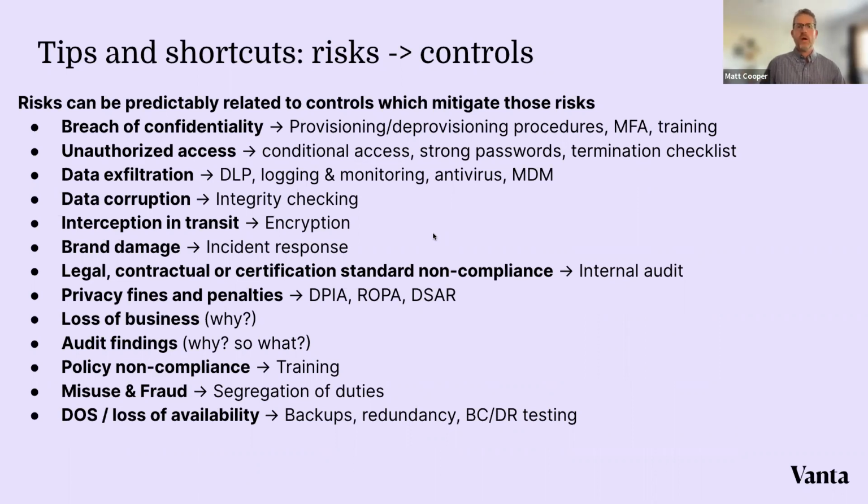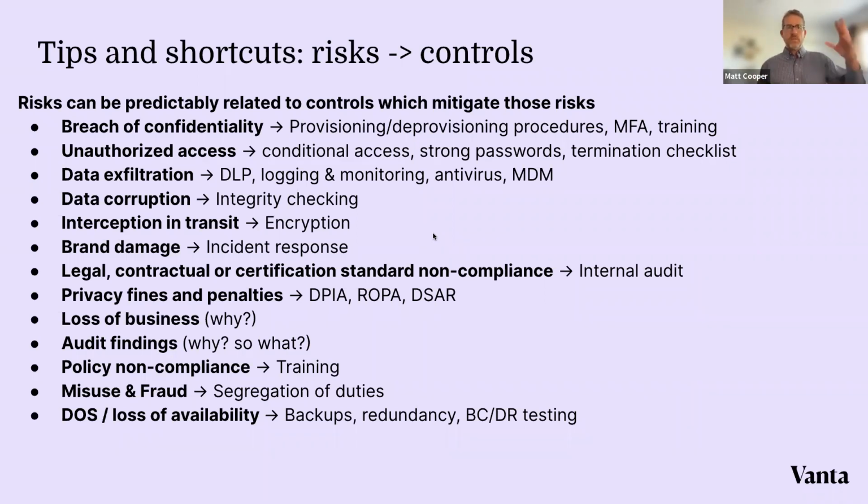So if you have access control risks, you have access controls you can put in place: conditional access, passwords, MFA, etc. Now, I'm not going to go into the weeds here, but what I'm doing is setting up for you the fundamentals, and that will demonstrate how you can then bring tooling and automation to this process, and it'll be more clear for you when we get to that point.